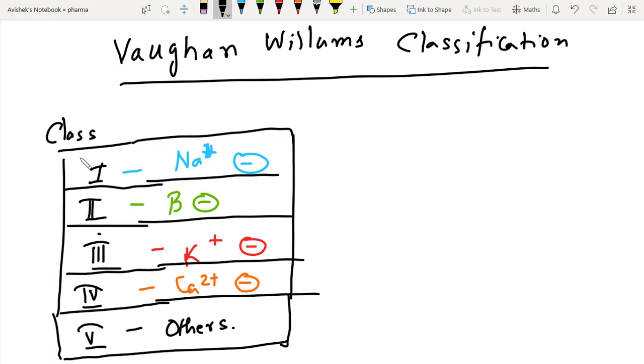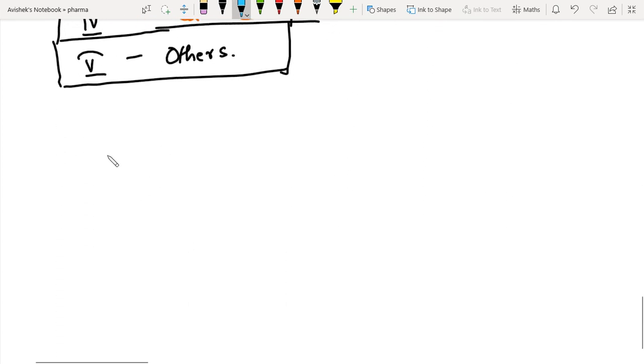So now one by one we'll discuss all the drugs. That is sodium blocker. Sodium blocker, this is class 1 drugs.